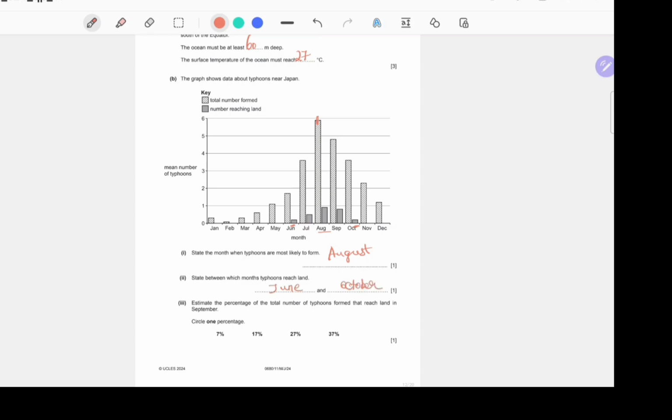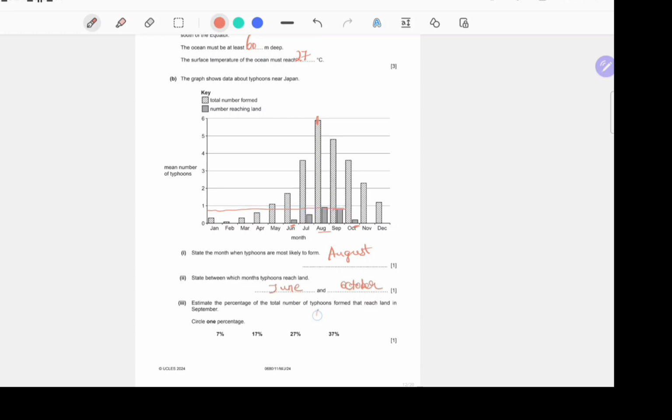Okay. Estimate the percentage of the total number of typhoons formed that reach the land in September. How will we calculate the percentage? They are asking for September alone, so I'll take the height from here to here.